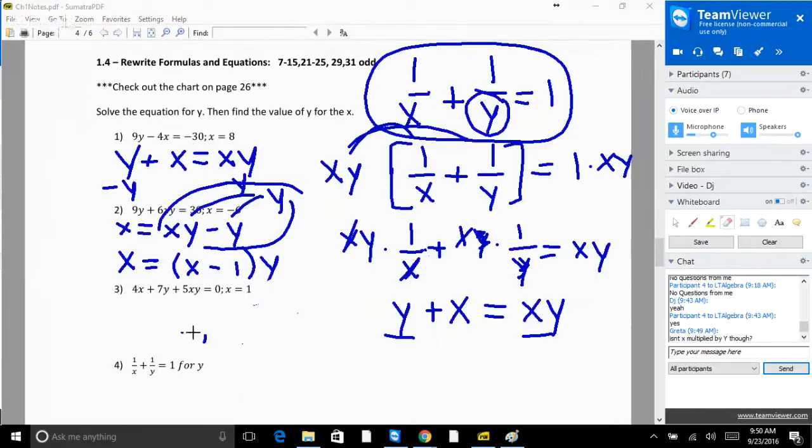And Greta, you had a question too. Isn't x multiplied by y though? Which step is that at? Is that where it's at, Greta? Oh, up at the top?